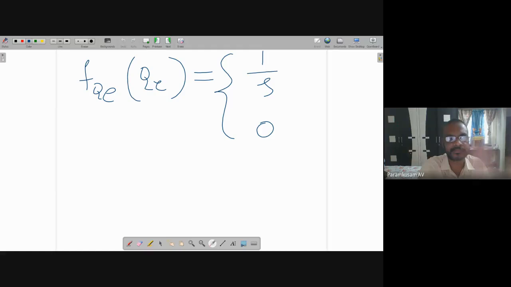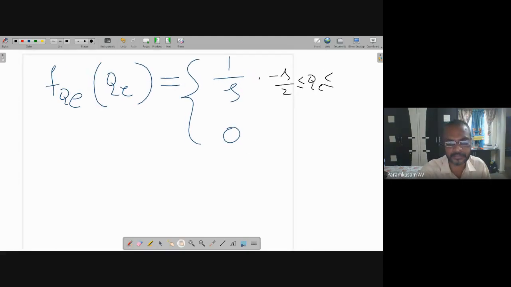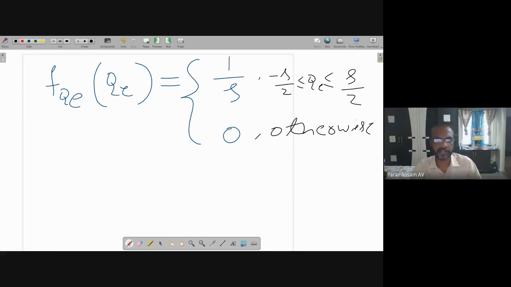So minus S by 2 is less than or equal to QE, less than or equal to S by 2, otherwise 0. This is the expression for the probability density function of quantization error.